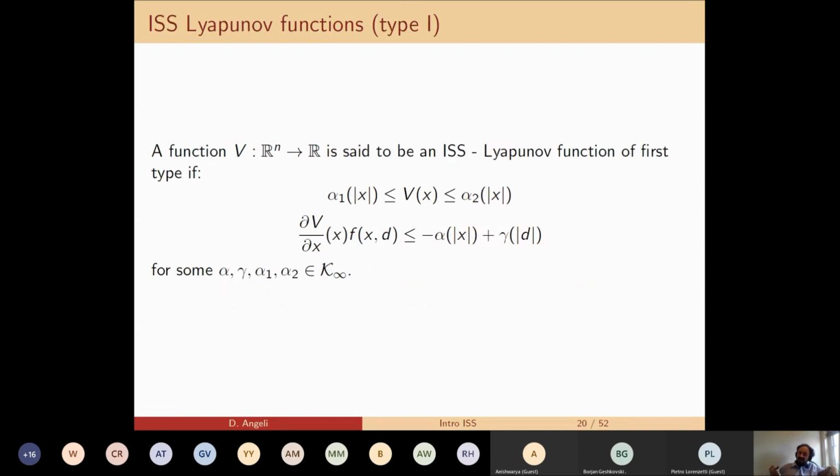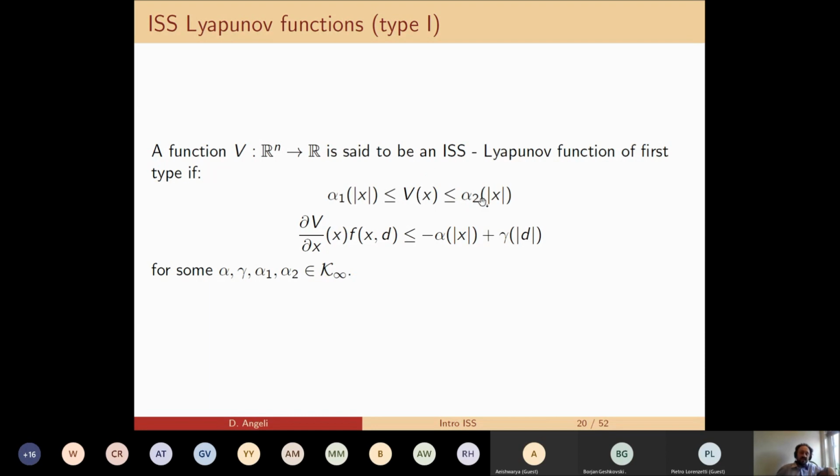Now, interestingly, this type of approach to the study of stability can be extended to input-to-state stability. There are at least two types of input-to-state stability Lyapunov functions that are normally introduced. One is here: a function V of x from our state space to R, which is said to be an ISS Lyapunov function of the first type if it fulfills precisely the same inequality as before.